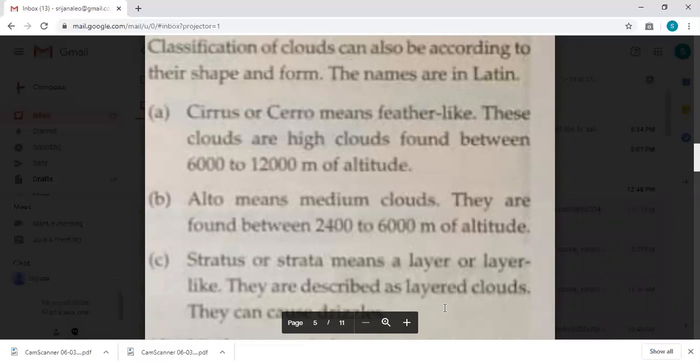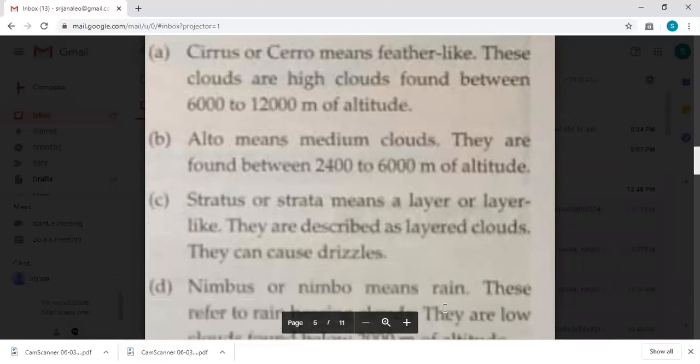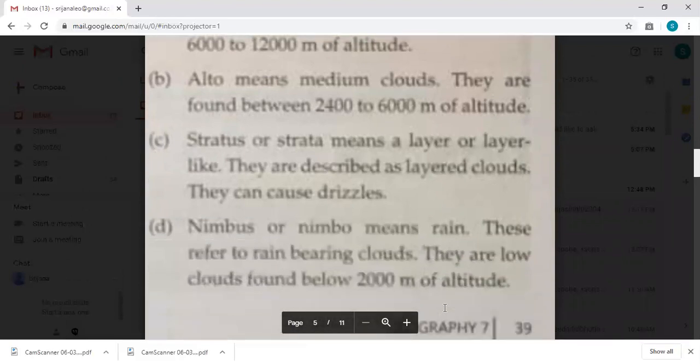It doesn't even look like cloud. It looks like the sky itself is gray. That is stratus cloud, and it gives us drizzle. It can give us drizzle for a long time also. Okay, drizzle when the stratus clouds are there. Now, nimbus or nimbo clouds, they are the rain-bearing clouds. They give us rain. They are low clouds, cotton-like. They will give us rain.